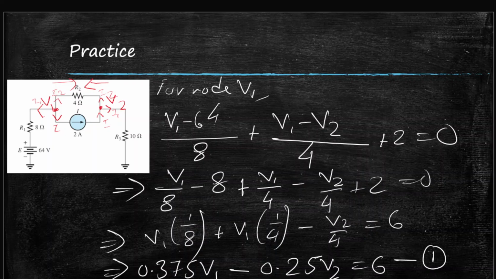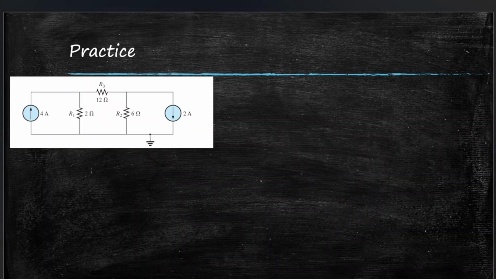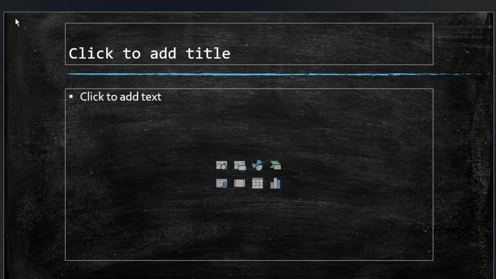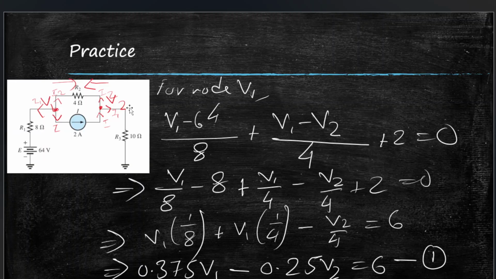Okay, now let's make equation 2 for the second node V2. Now for V2, I is entering, I1 is leaving, I2 is leaving. So we will have I is equal to I1 plus I2, right? I1 plus I2 is equal to I. Now I1, where's I1?